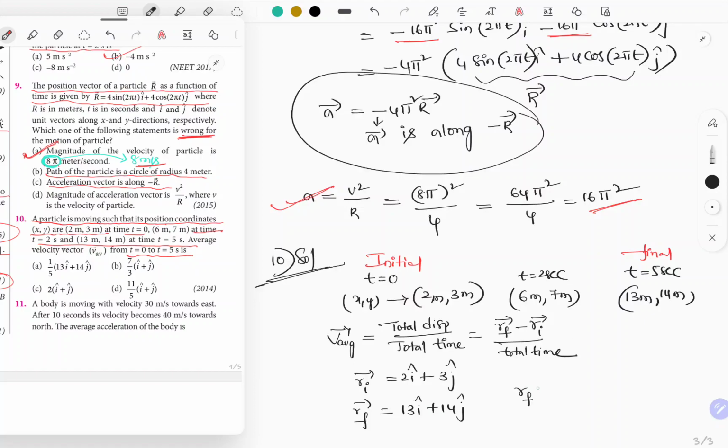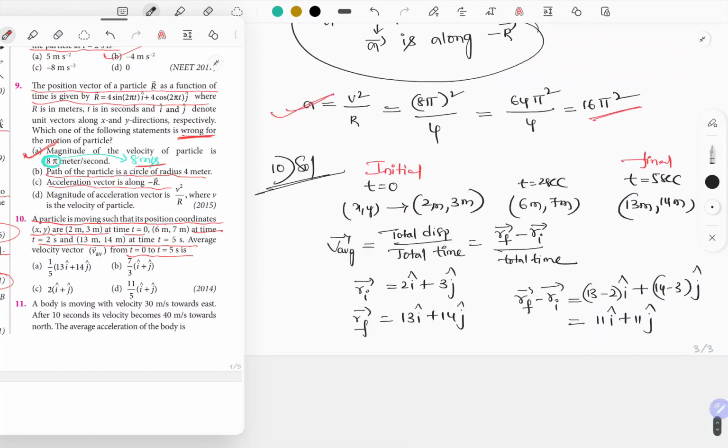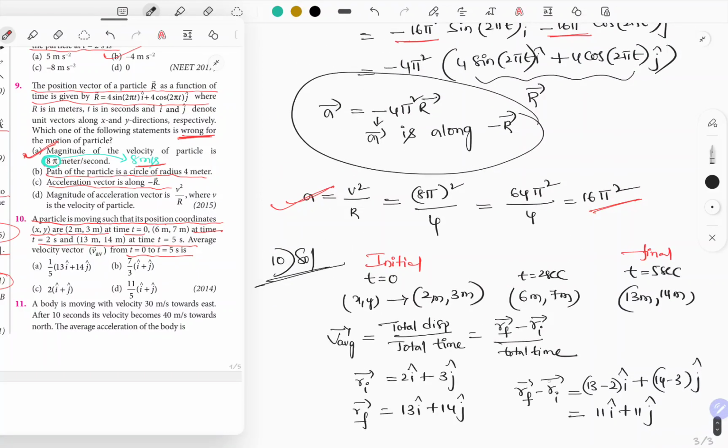Then rf bar minus ri bar is equal to 13 minus 2 i cap plus 14 minus 3 j cap. So you are going to get 11 i cap plus 11 j cap. This one represents the total displacement.